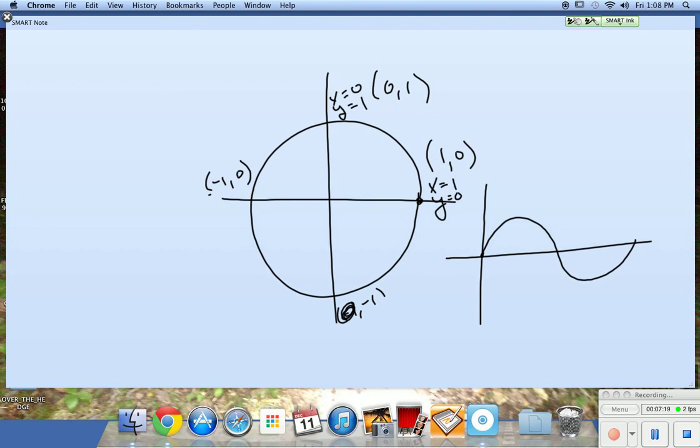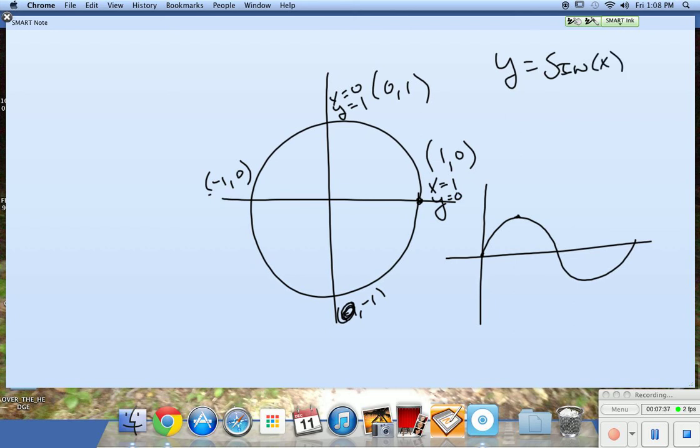At pi over 2, we've got a value of 1. Y equals sine of x.